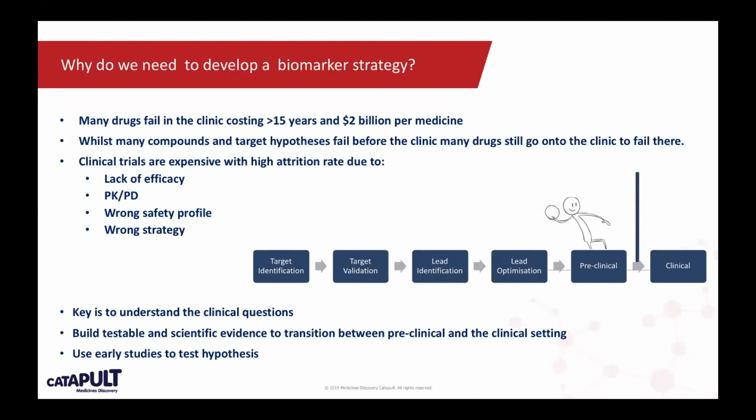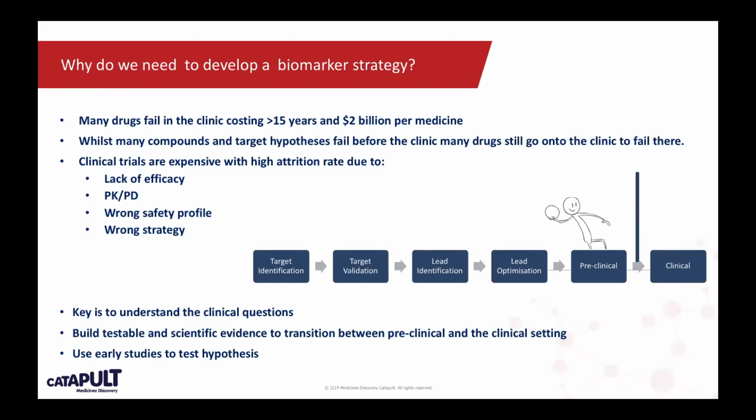Pharmacokinetics and pharmacodynamics may not be at the right level, so maybe the drug's being cleared too quickly, or not enough drug is getting in to have the effect you need. There can be off-target effects, so the safety profile isn't right, but it can also be the wrong strategy.